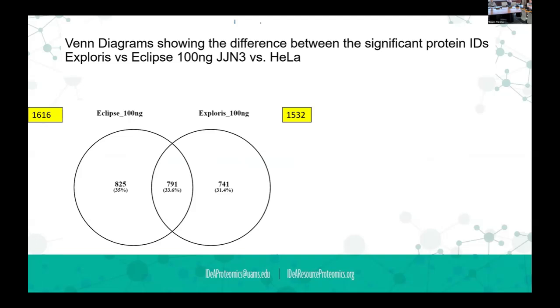The Eclipse comes in with a little bit more significant IDs at 1,600, and the Exploris is 1,530, but the overlap there is about 700, 791.